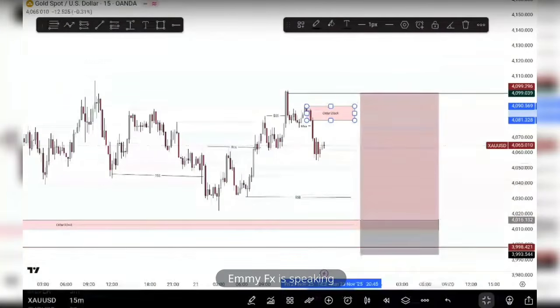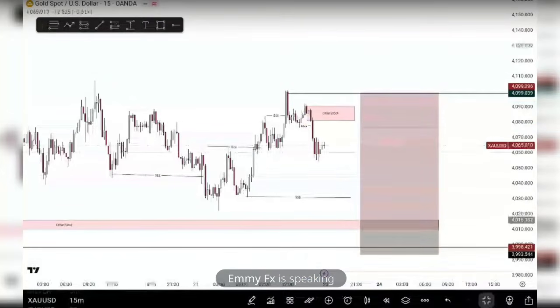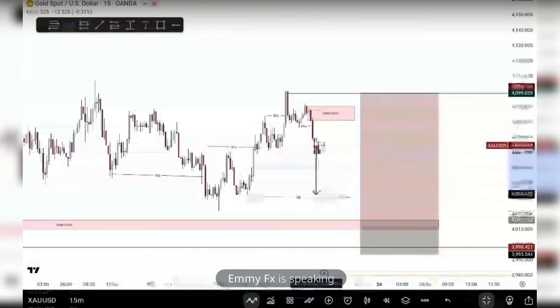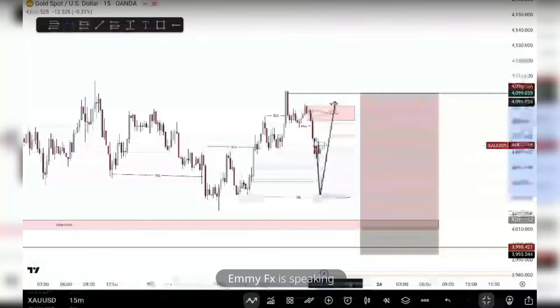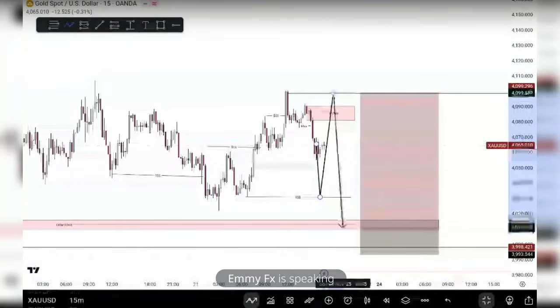Now, we have this demand zone right here. Price could react from this demand zone and take out liquidity from here before going to the downside.